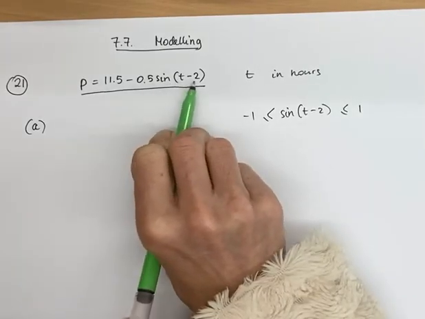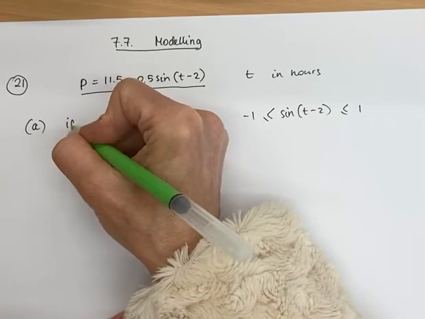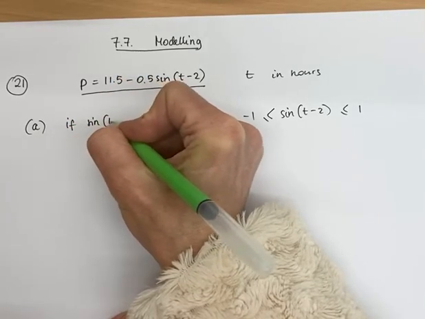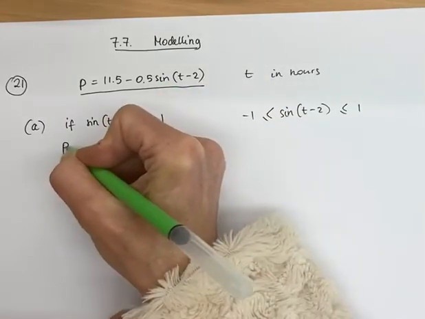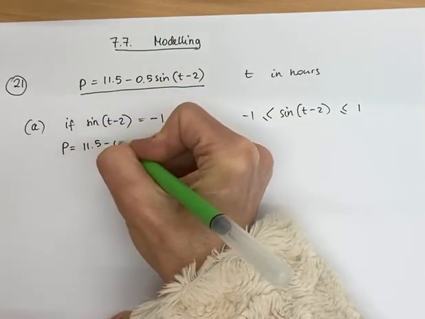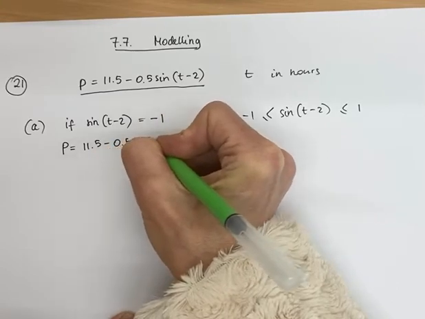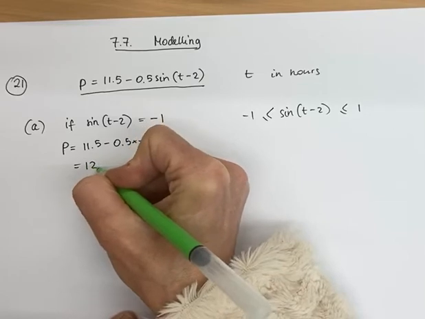So if sin(t - 2) is at its lowest, P is going to be 11.5 - 0.5 times -1. That gives me 11 plus a half, so it's 12.